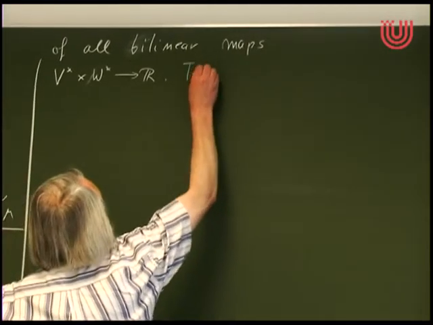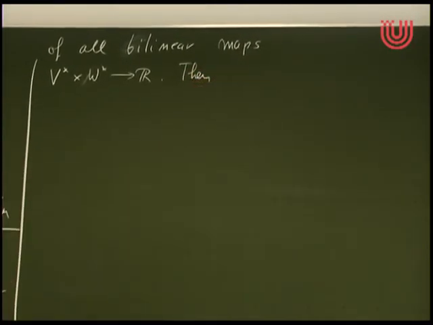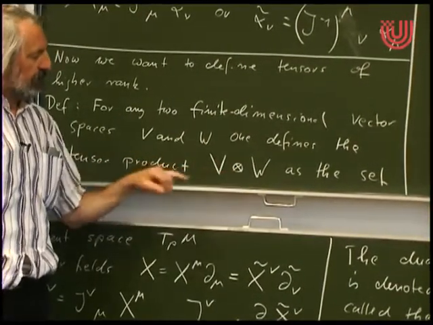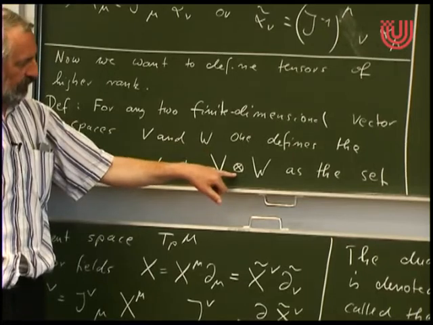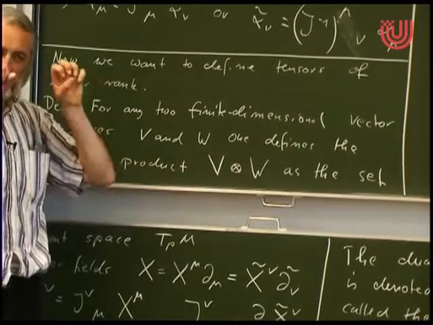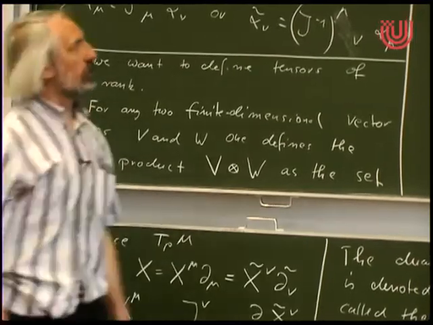So that's a tensor product of the spaces. Here this funny sign, the cross with a ring, is between two spaces. Now I introduce something where we have the same sign, but now it's between elements. So that's a tensor product of two elements, which I now define.